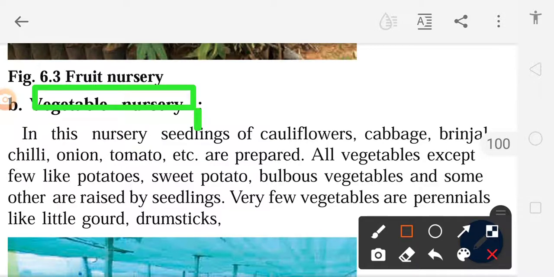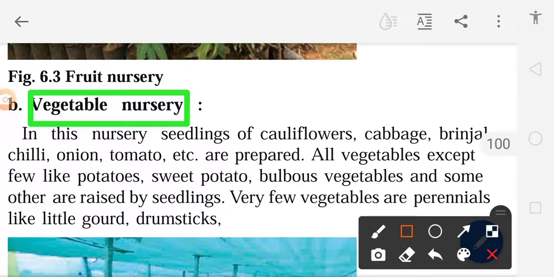Now a vegetable nursery is more required, particularly in areas close to the city.